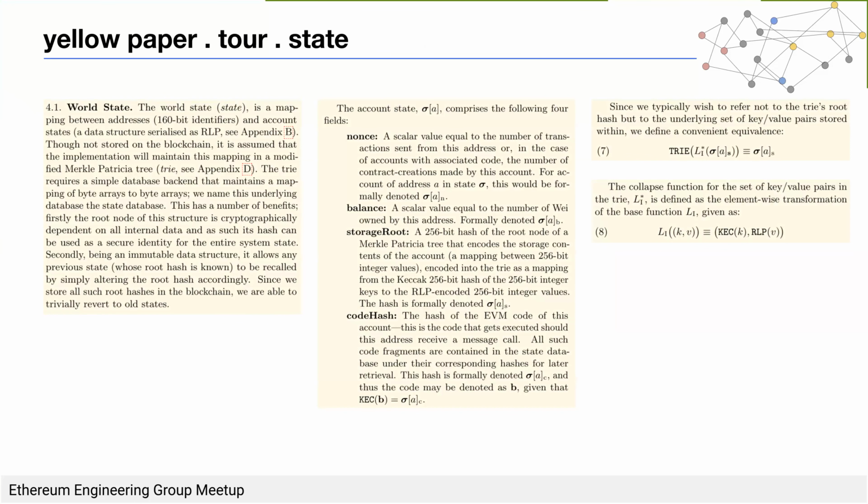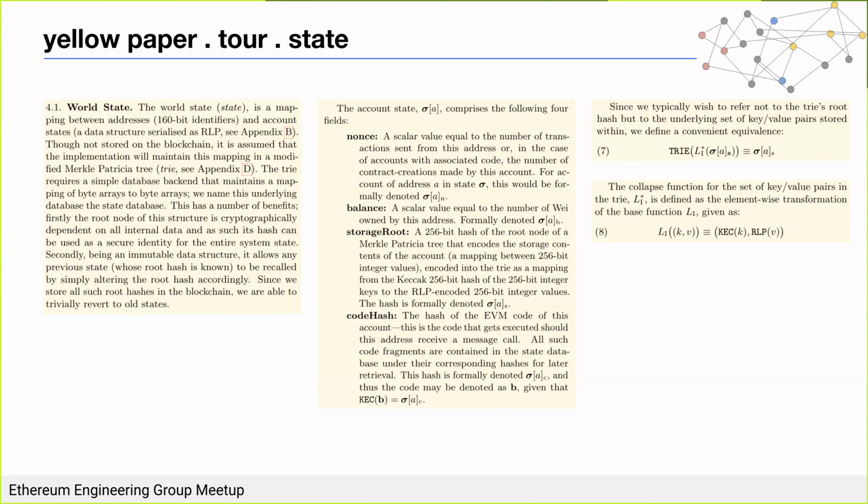All of these are great names that the yellow paper assigns to them and then completely replaces with, I believe that's sigma square bracket alpha subscript n, which is a completely opaque name that absolutely does not tell you what the nonce is. And that's an example of what I really dislike about the yellow paper. It takes these terms that we've all agreed on and turns them into alphabet soup that makes it really hard to follow.